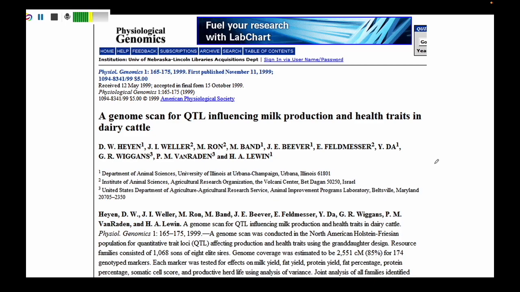Because of the importance of a quantitative trait like milk production, cattle geneticists are very interested in doing what the human geneticists did, and that's discovering where those genes are located that are variable and having an influence on this important quantitative trait.